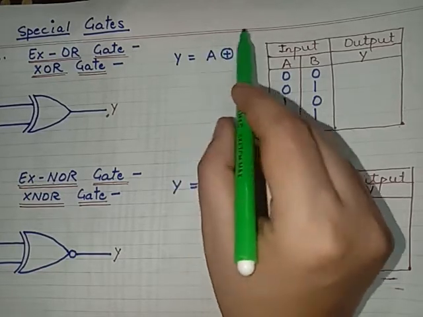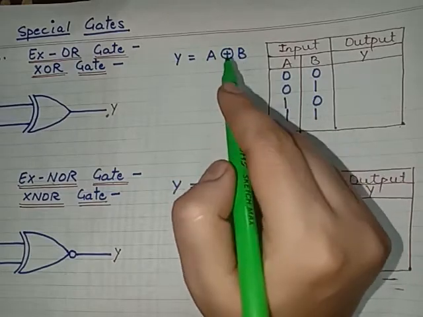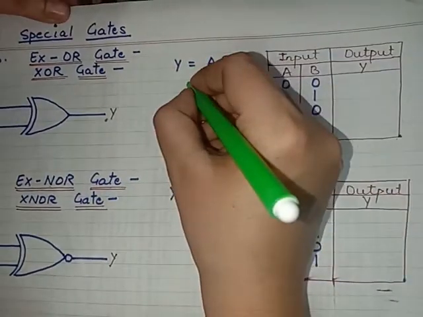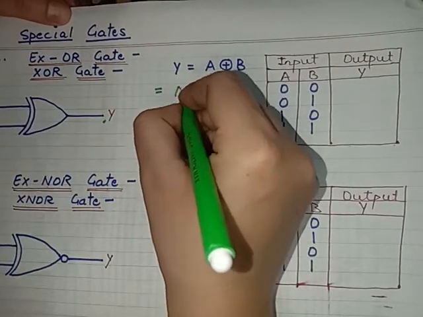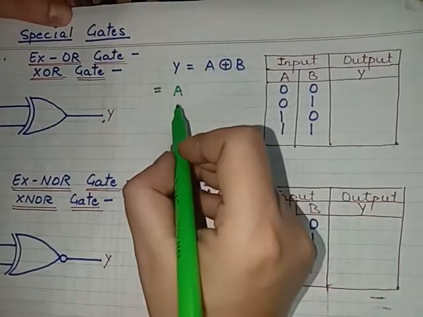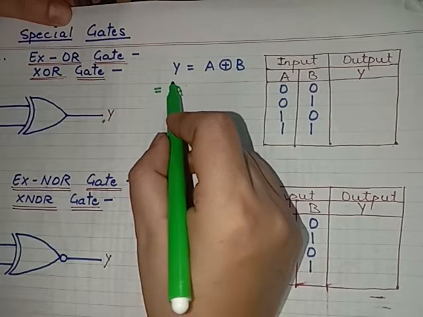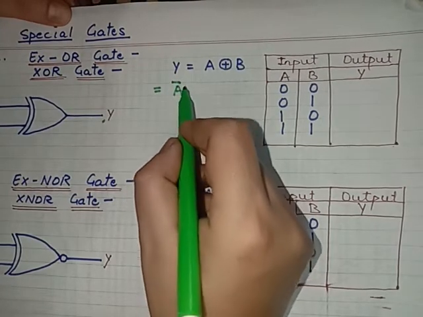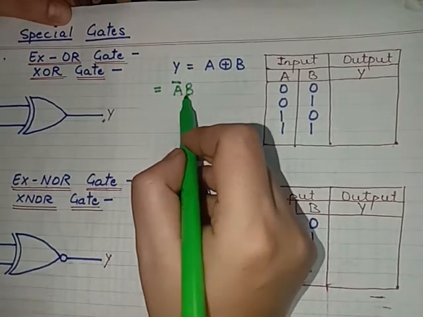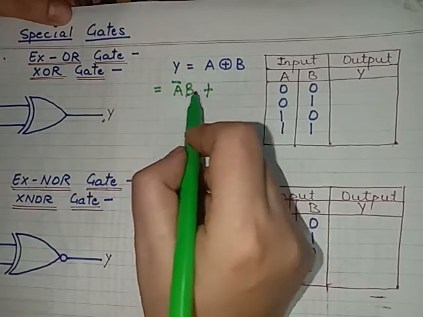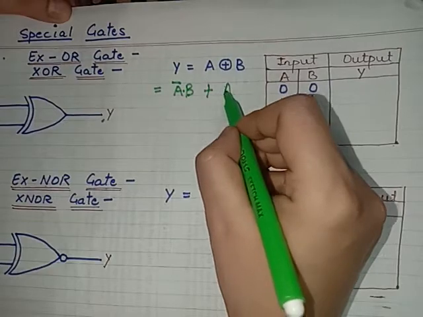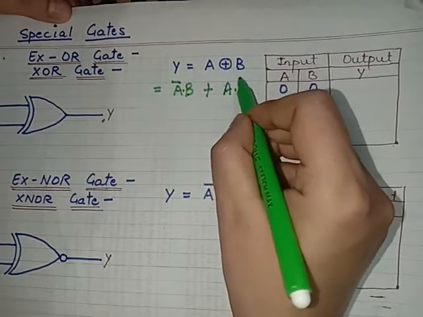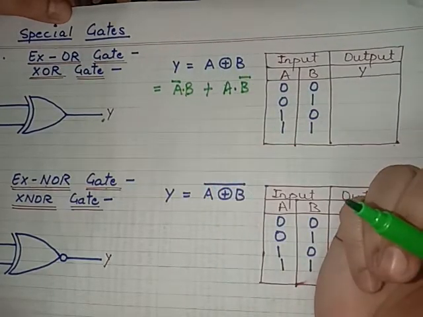So if we are going to elaborate this, then exclusive OR is equal to A bar and B, plus, here this is an AND basically, plus A and B bar, right?